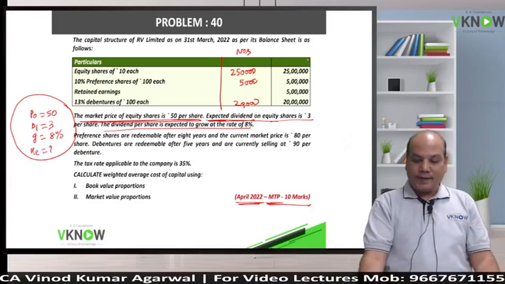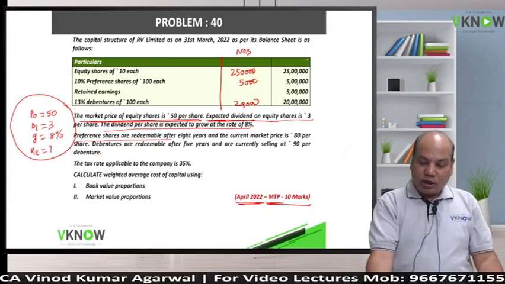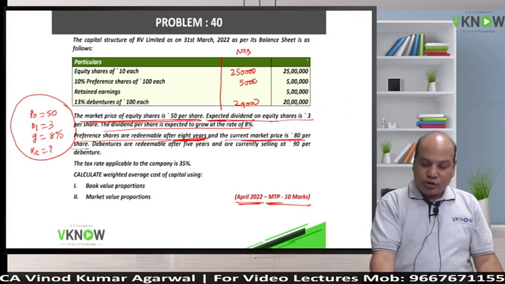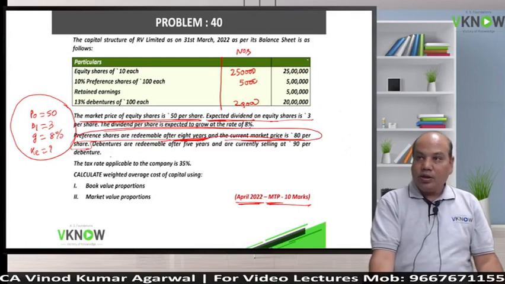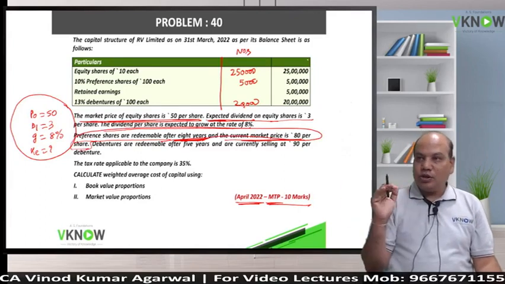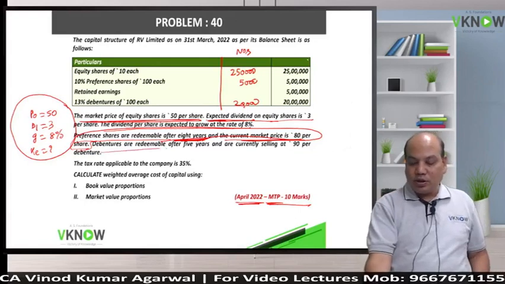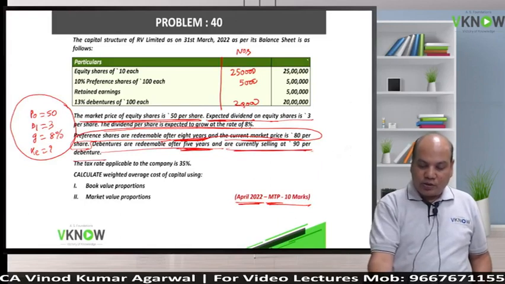Preference shares are redeemable after 8 years and the current price is 80 per share. So this will be required for cost of preference share. It is a question of redeemable preference share. In this question we will be able to revise many concepts. Debentures are redeemable after 5 years, currently selling at 90 per debenture.